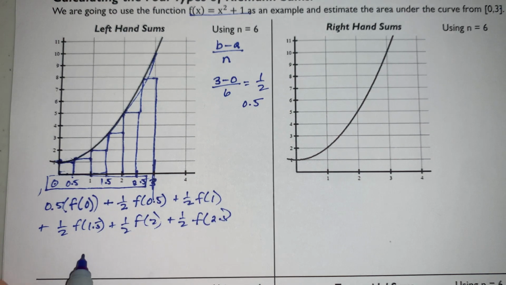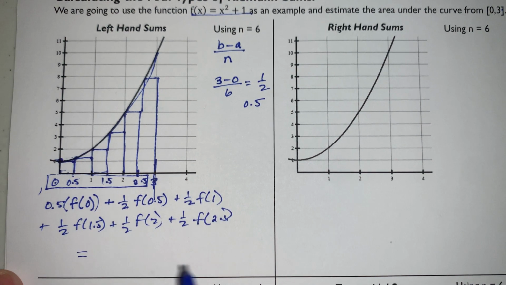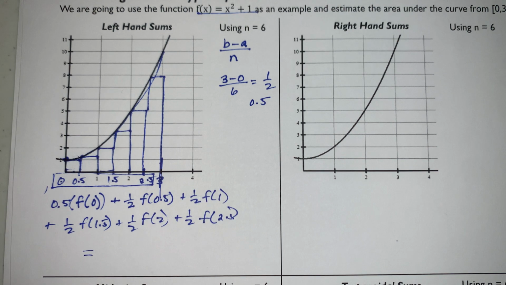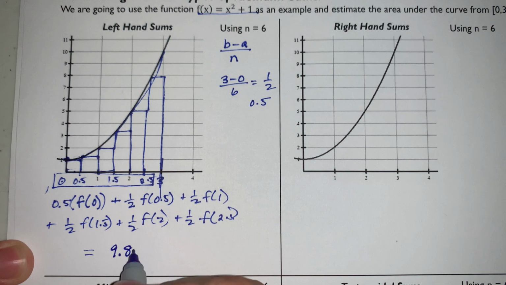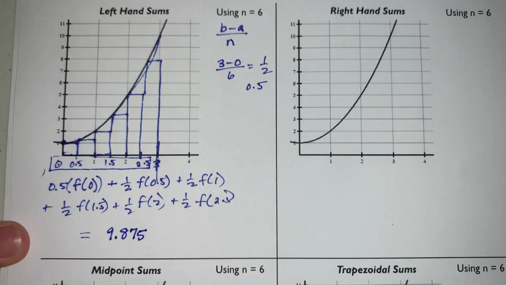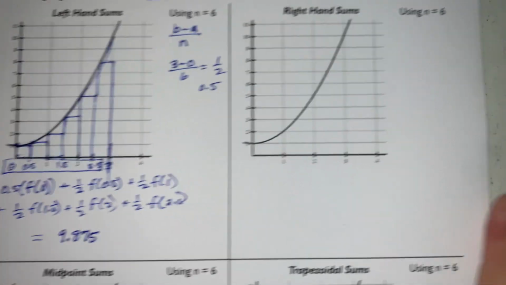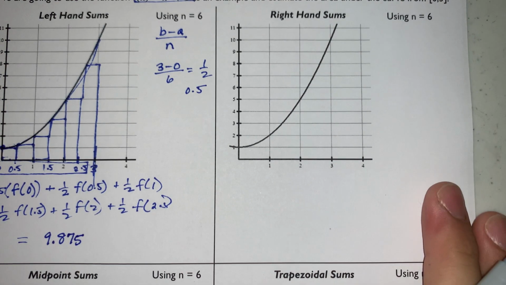But that's essentially what we have here. So I'll show you how to do this on a calculator maybe in a second video, and it'll be a really fast and easy way of calculating all of these things. But I put all of this in my calculator, and after doing all that work, I did get 9.875. Okay? So, that's what I get for being unprepared for making this video.